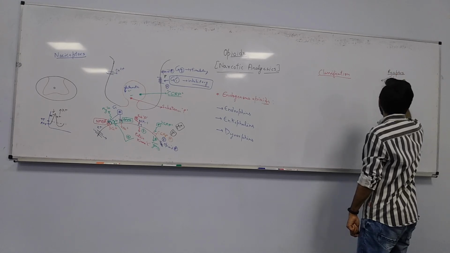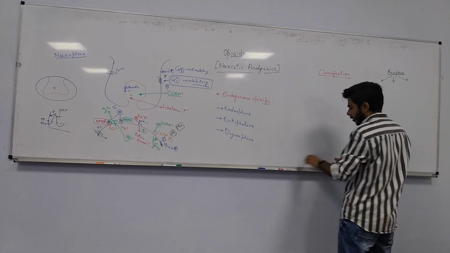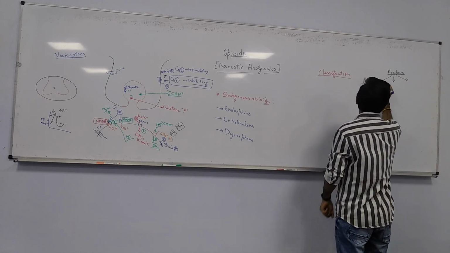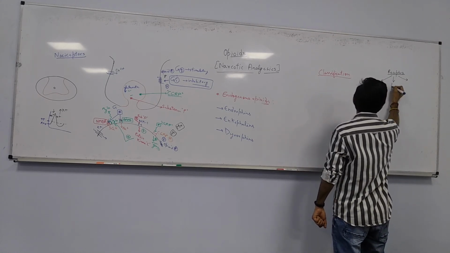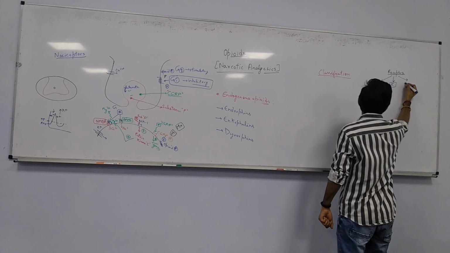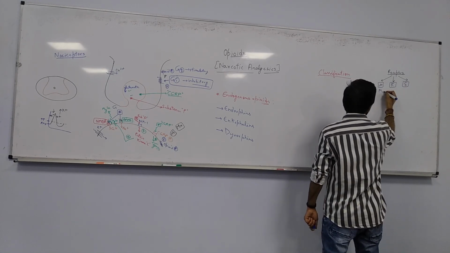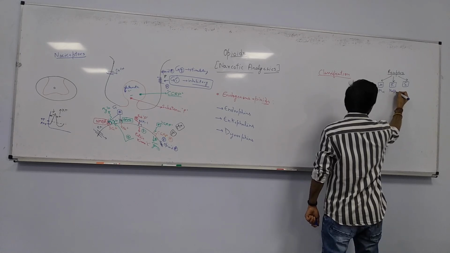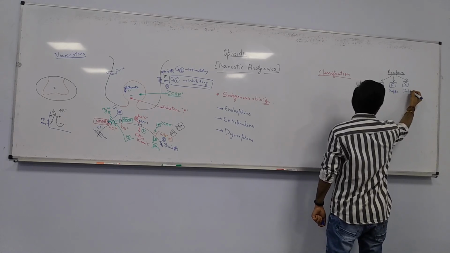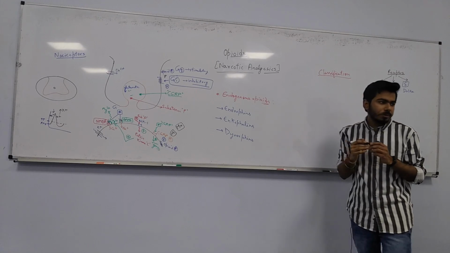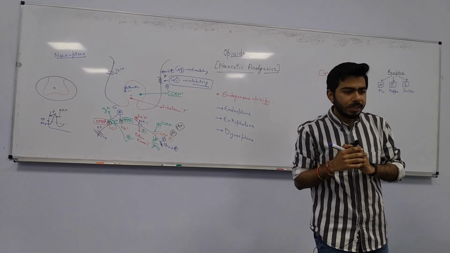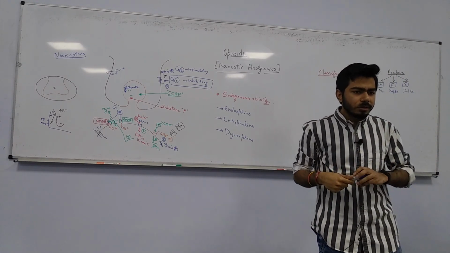These three receptors are mu receptor, kappa receptor, and delta receptor. There is also the sigma receptor.